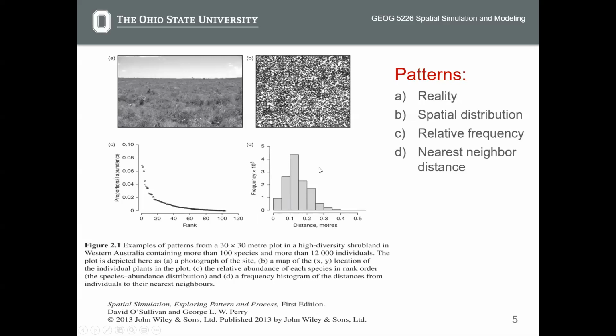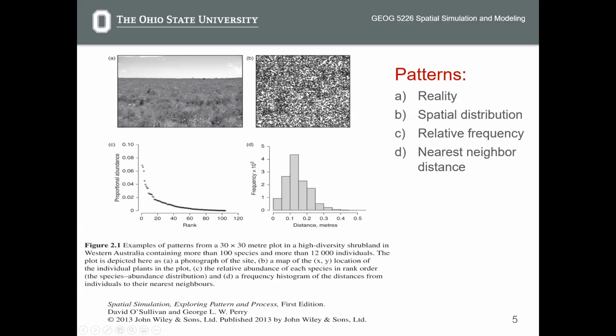So for D, figure D is a frequency histogram of the distances from individuals to their nearest neighbors. What does nearest neighbor mean? You can randomly choose an individual plant within this space, no matter the species. Species doesn't matter here, okay?